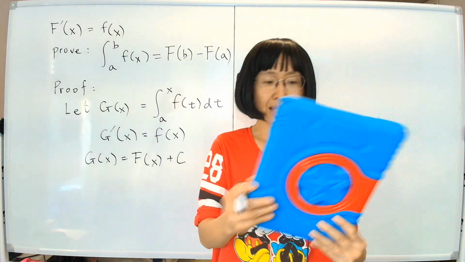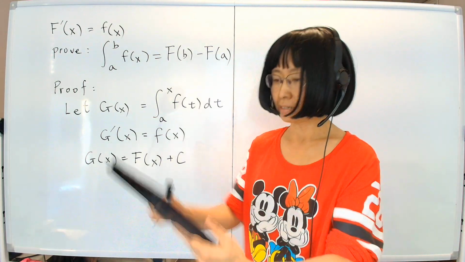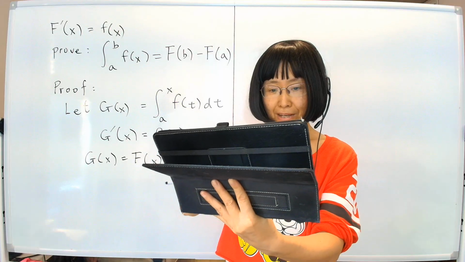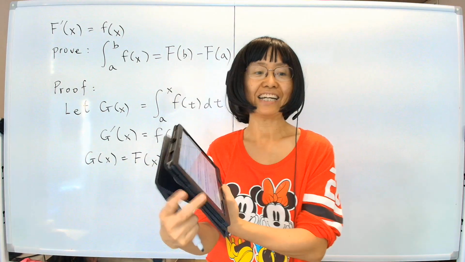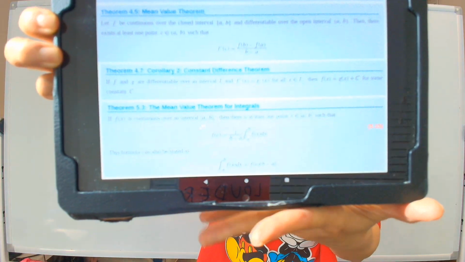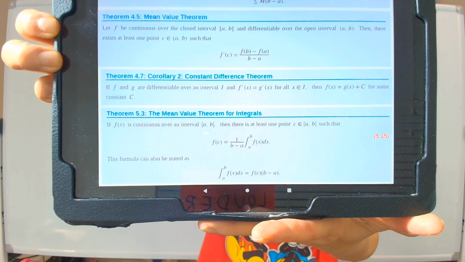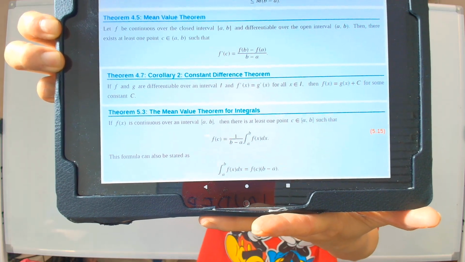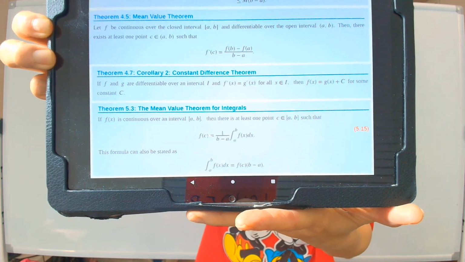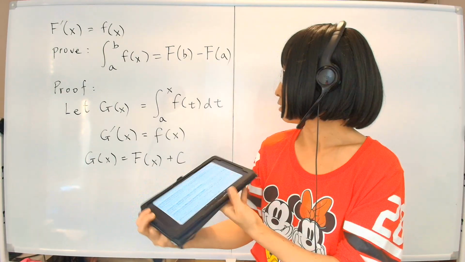By that I'm quoting corollary 2, which I will show you here, since I have it on this cute little picture. Corollary 2 is proved in chapter 4. I have copied and pasted it here, where it says if f and g have the same derivative the whole time, then f and g are within a constant of each other.